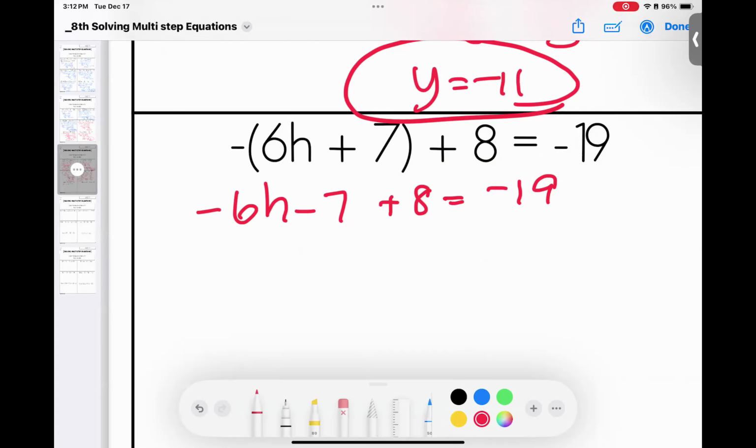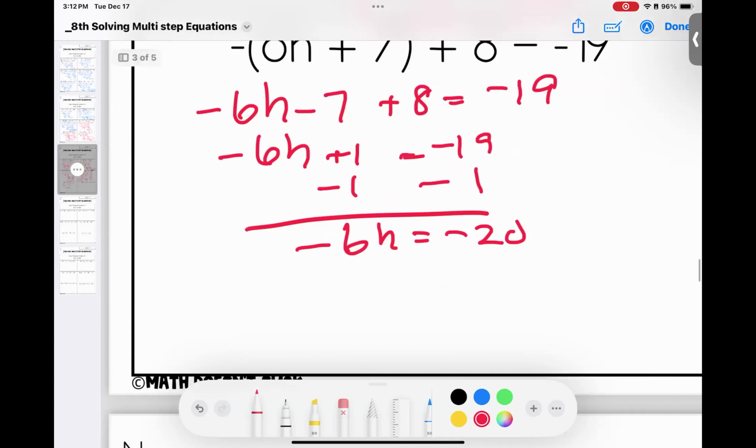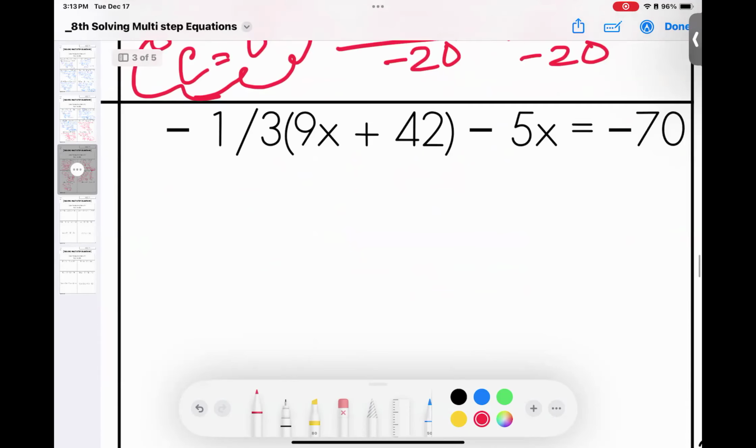So I shared out that negative sign, and I have negative 6h plus 1 equals negative 19. Negative 6h equals negative 20. Dividing, this is another one of those decimals, and we talked about how we needed to start getting into them. All right, negative 1/3. If I divide 9 by 3, I get negative 3. If I divide 42 by 3, I get negative 14.